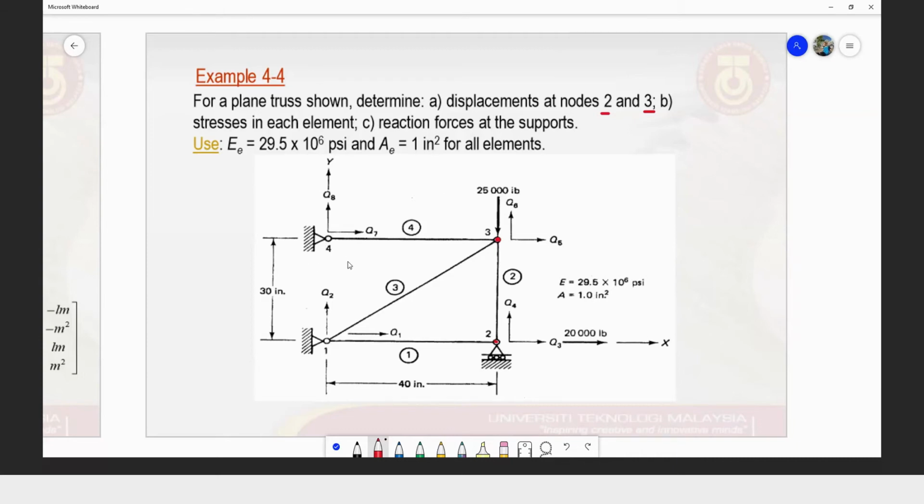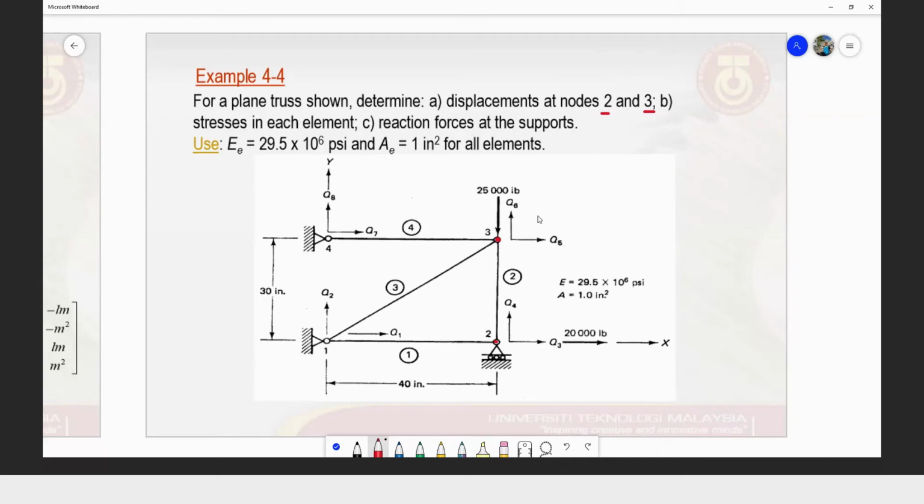We have discussed these supports and how they behave before, right?